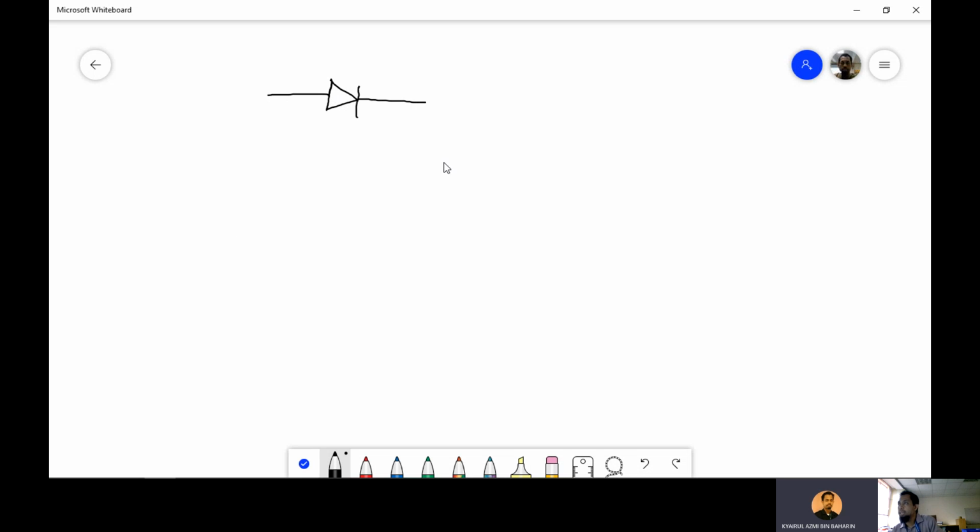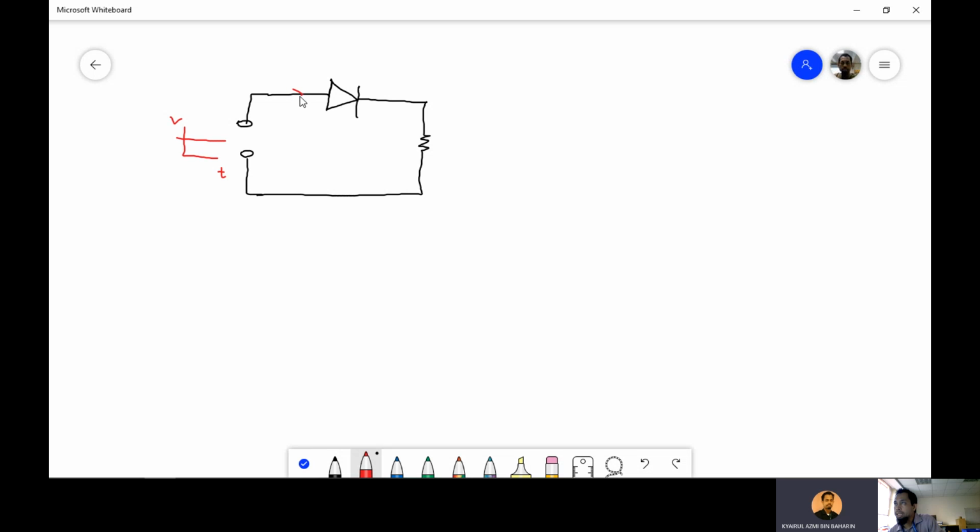Okay, so let's say I put a resistor here and then I put a supply. Okay, now the first condition, let's say we have a DC supply. So a DC supply means the waveform is going to be flat here. So let's say this is the voltage and this is the time. So the voltage is always going to be constant throughout the time.